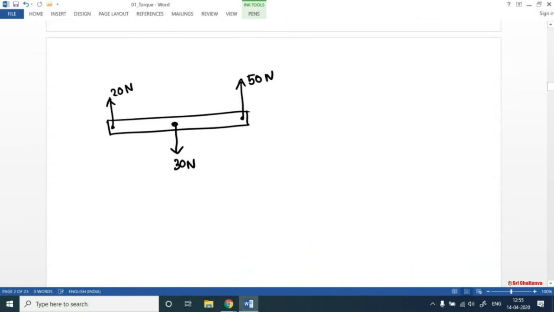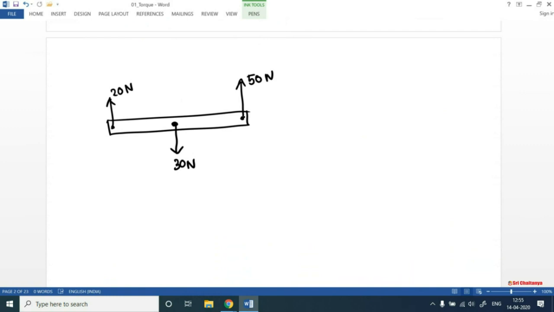Let's say this is the midpoint and the length of this rod is L. So multiple forces we are applying on this rod, and we want to replace all these forces with a single net force, such that it has the same effect as the combination of all these forces.